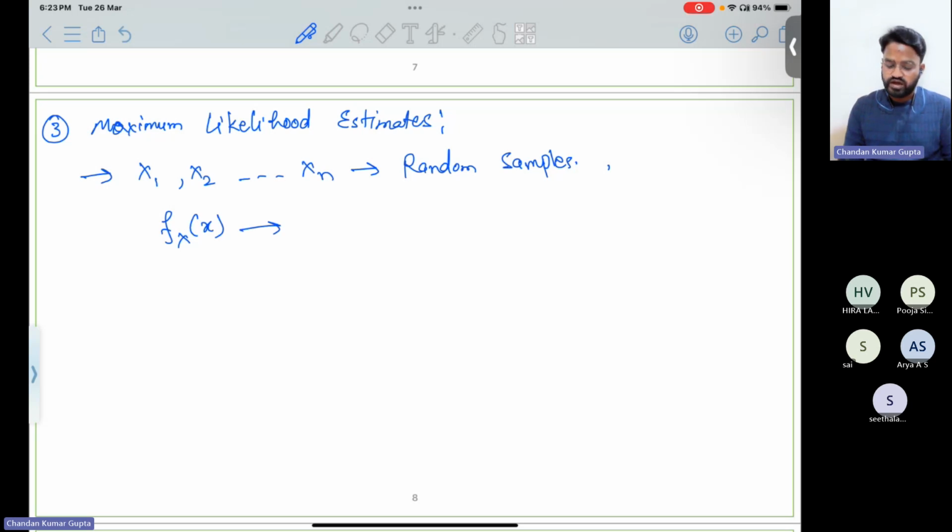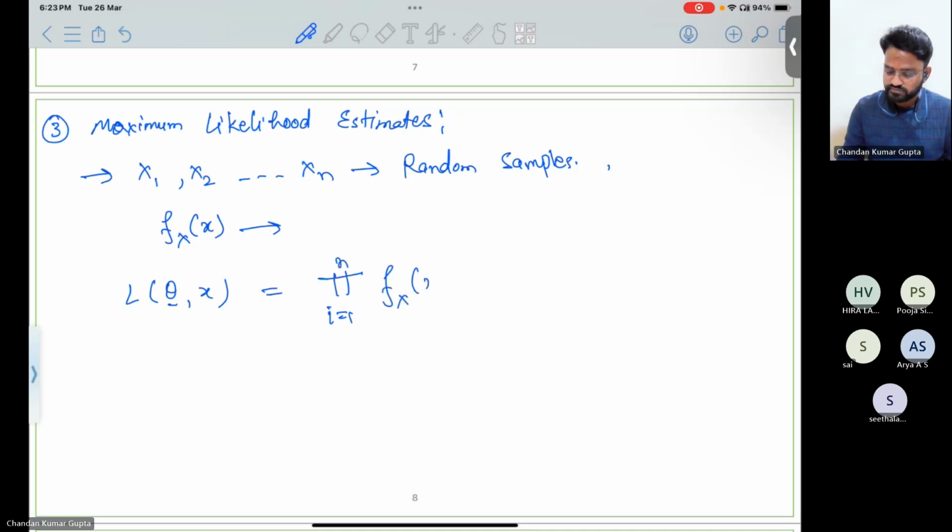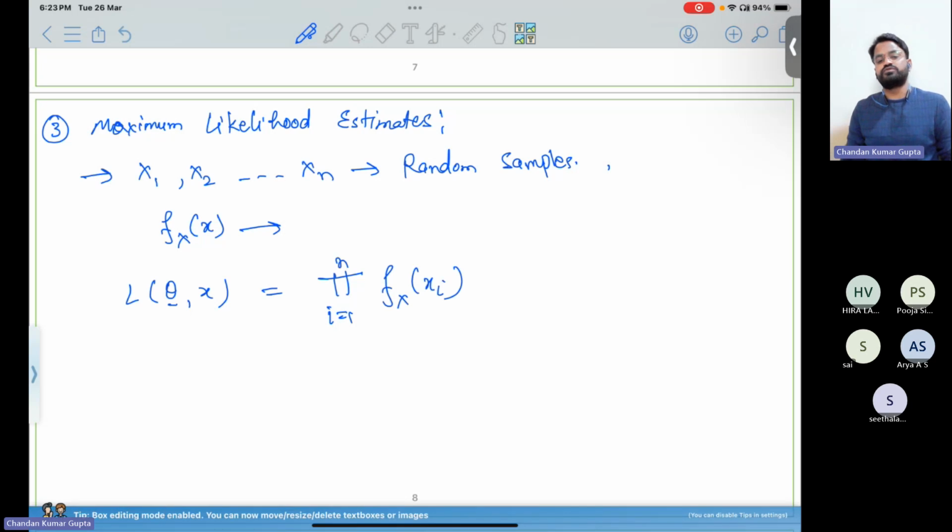Now the likelihood function, suppose we have considered theta as the parameter. It is defined as the product of this PDF. Why?